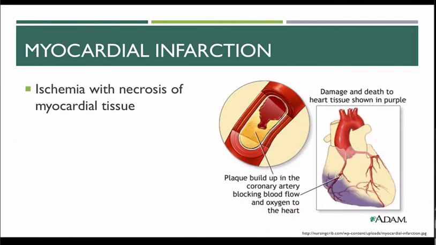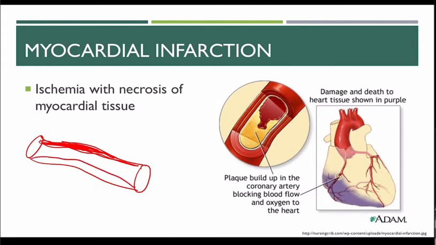When you have a full-blown myocardial infarction, you have a true blockage of blood flow to an area of the heart that causes necrosis of myocardial tissue. So it's the same story that we saw with unstable angina. It's a form of acute coronary syndrome.